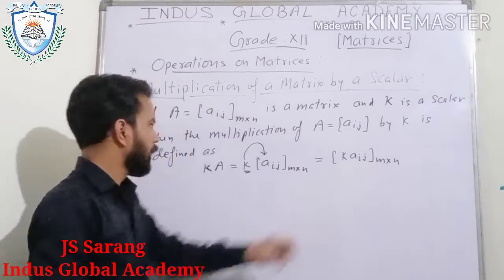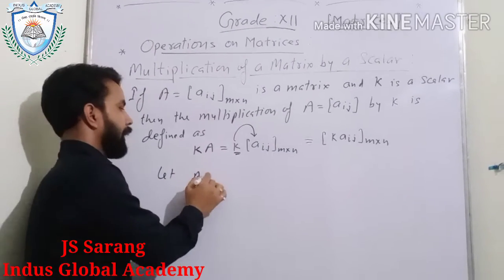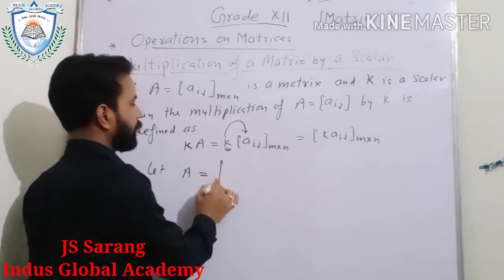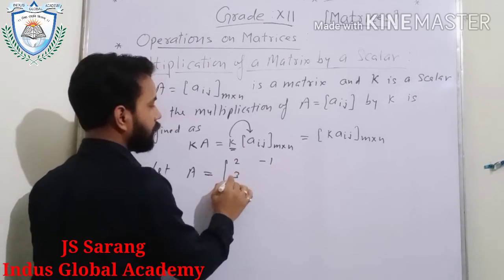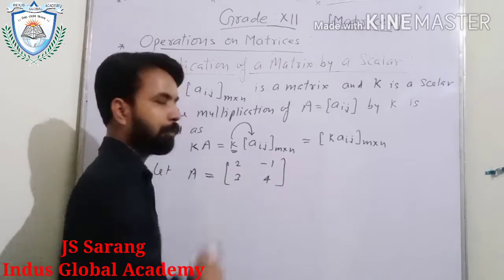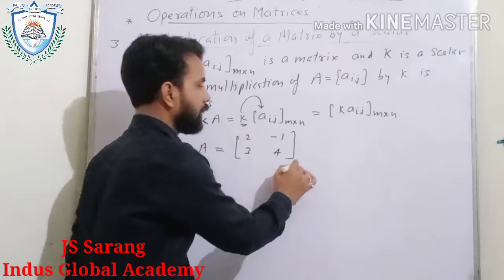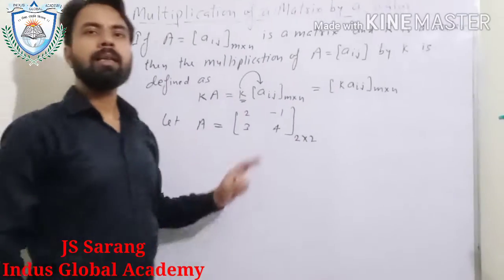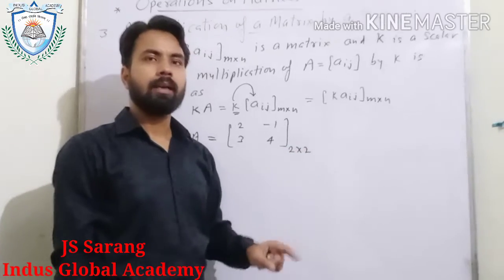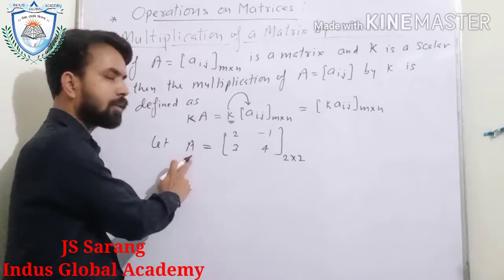Now let's take an example. Let A be the matrix 2, minus 1, 3 and 4, and its order is 2 by 2. Suppose we want to multiply this matrix by the scalar 3.